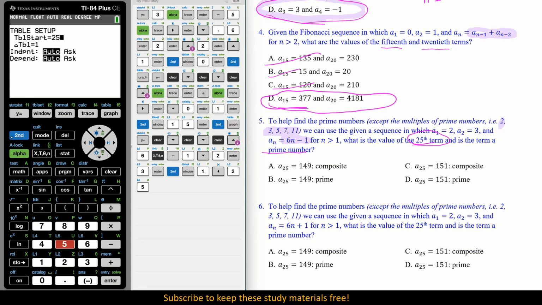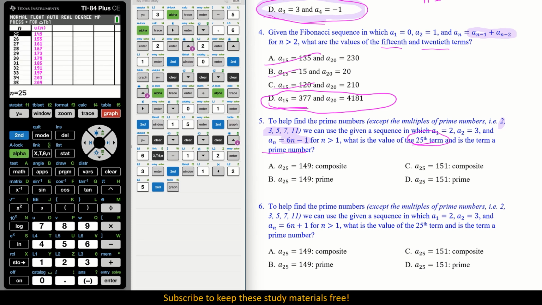Okay, now second graph. It popped there quickly. Okay, the number they gave us was 149. That gets rid of C and D. Is 149 prime or composite? Because of the problem they gave us, we can check it. I already know it's prime. I just so happen to know that.